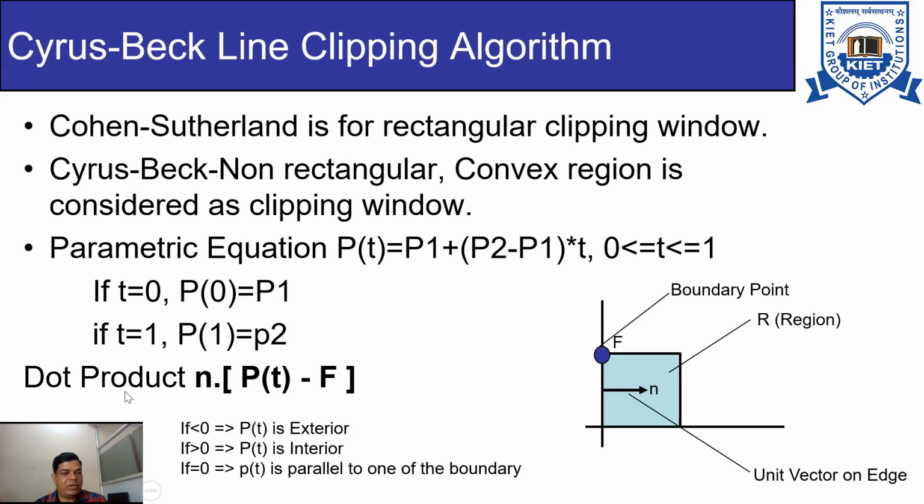So if we take the dot product N · (P(t) - F), and if the value is less than 0, then we can say that P(t) is exterior to the polygon, and if the value is greater than or equal to 0, we can say that it is interior, and if the value is equal to 0, then we can say that P(t) is on one of the boundaries. So this I will explain by using some examples.